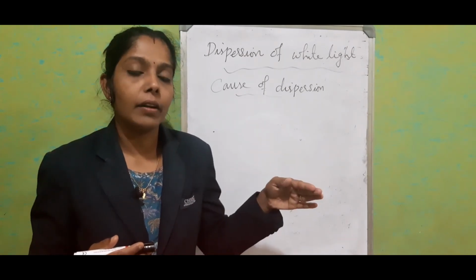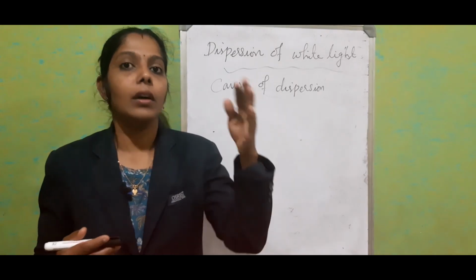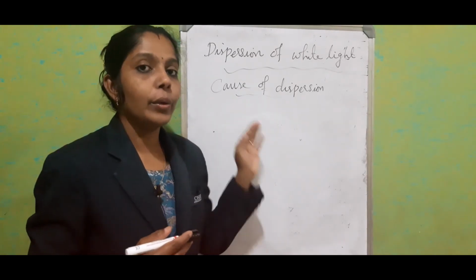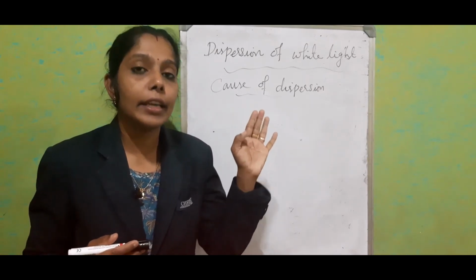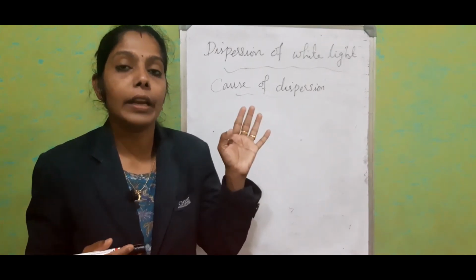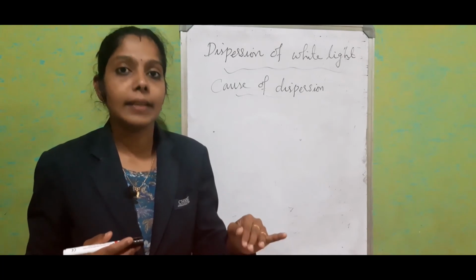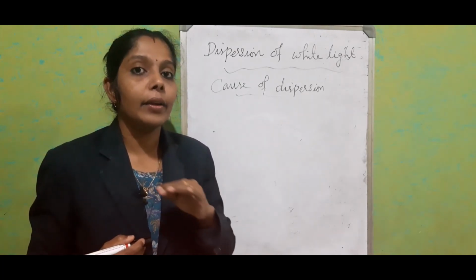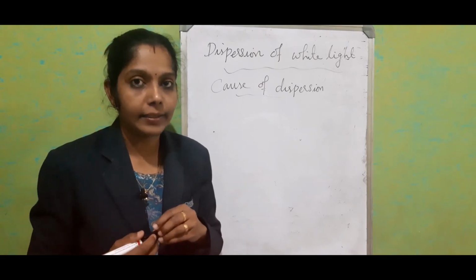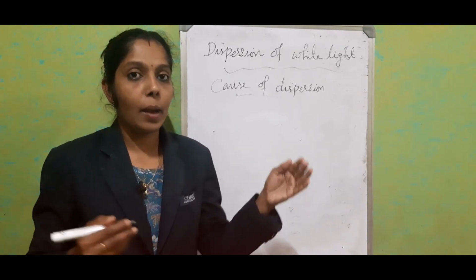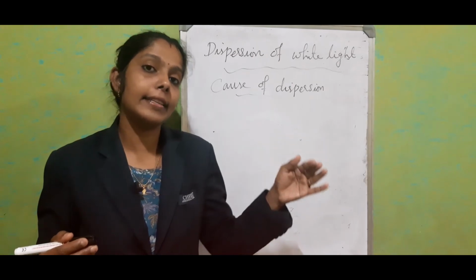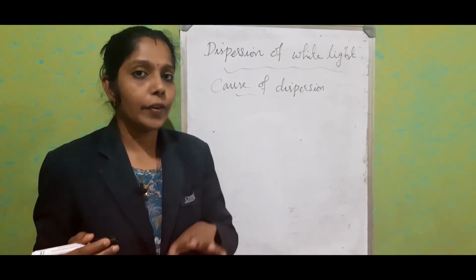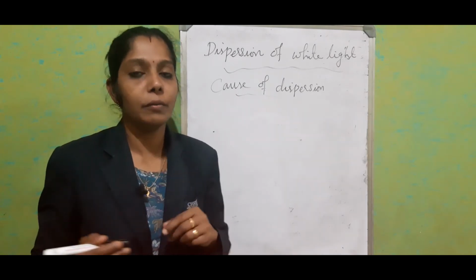So air has one value, glass has one value, water has another value. So here also, when the light enters into the glass slab or into the prism, the speed of the different colors of light varies. If we compare red and violet, because red is at one extreme and violet is at the other extreme, we always compare red and violet.